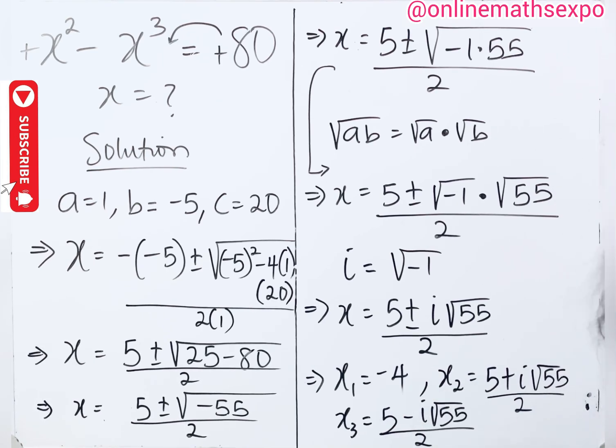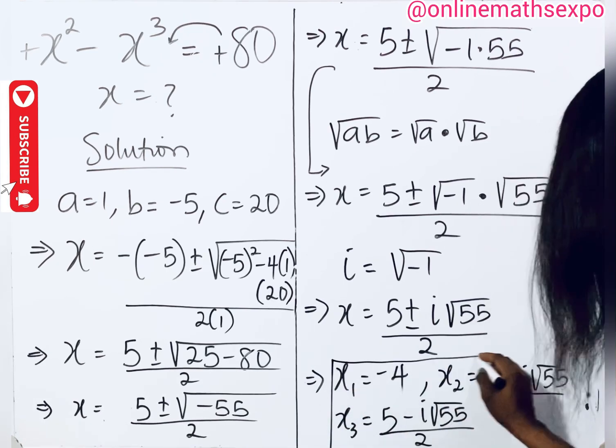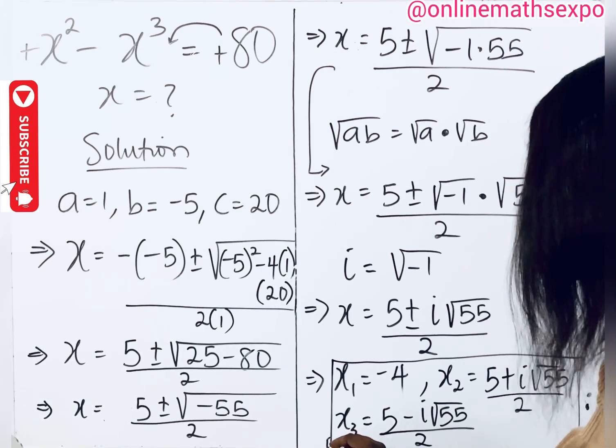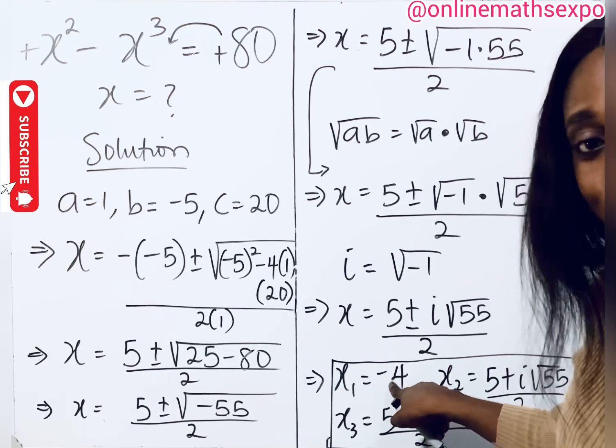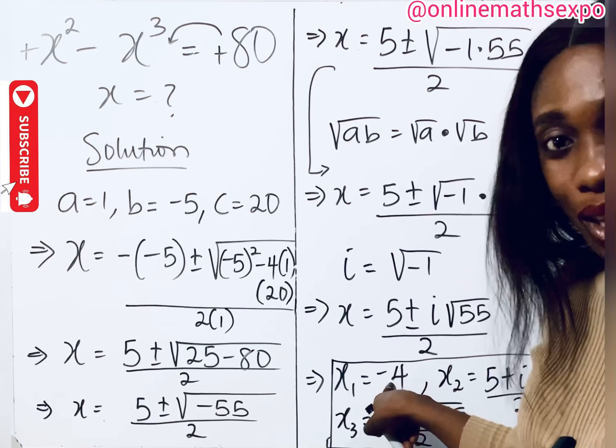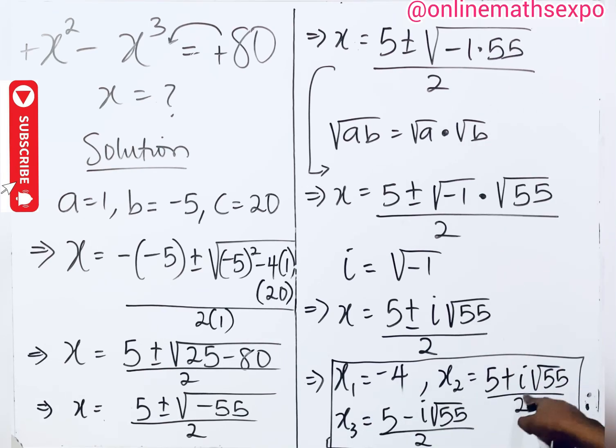Now, these are the three solutions for this equation. And remember, we said at the beginning that we expected to have 3 solutions. This value is the real solution because you can find its answer on a number line. But these two are the complex solutions.